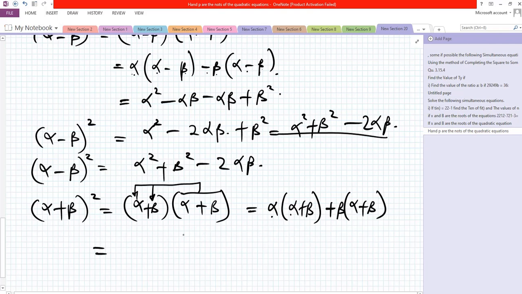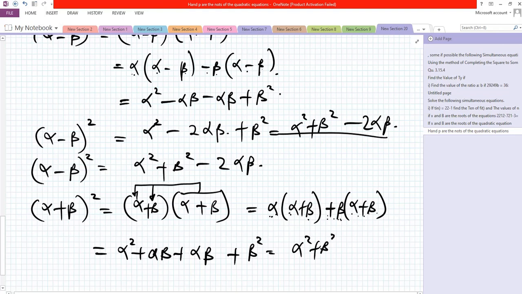Alpha times alpha will give you alpha square, alpha times plus beta will give you plus alpha beta, plus beta times alpha will give you plus alpha beta, plus beta times plus beta will give you plus beta square. So this is the same thing as alpha square plus beta square plus 2 alpha beta.